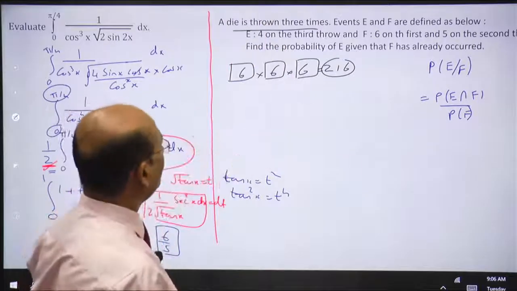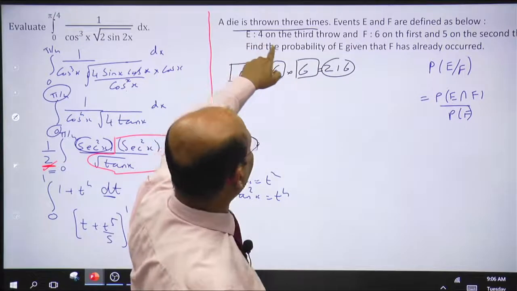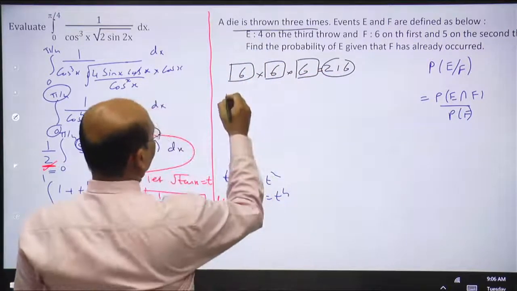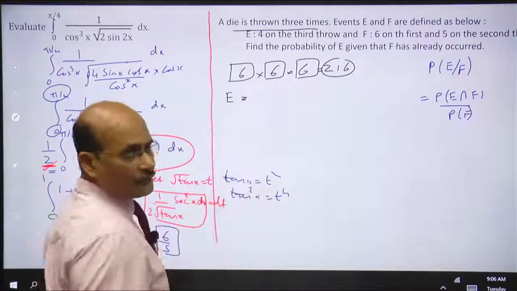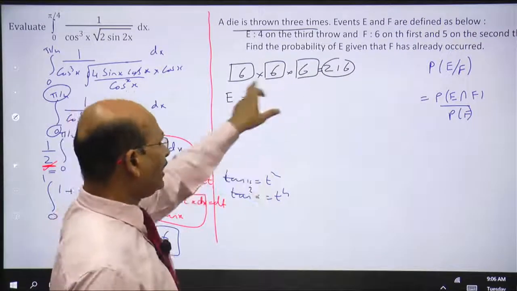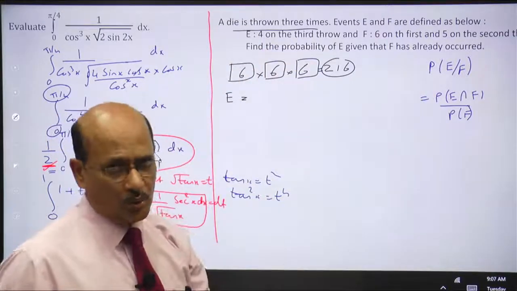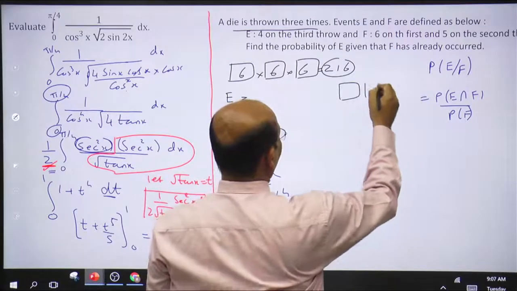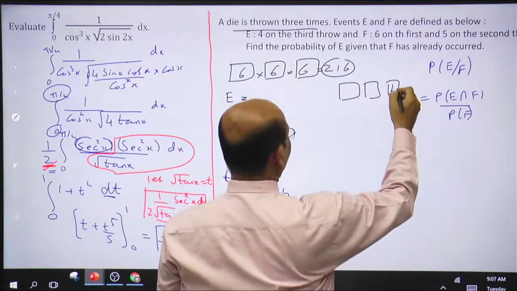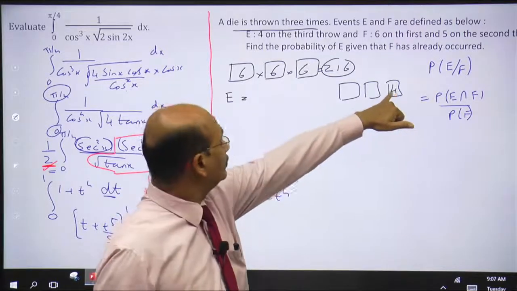So I am agreed for this particular experiment. Great. Now suppose they are telling us E is 4 on the third throw. So I am talking about the probability of E. Hold on. Total outcome is 216. 4 on the third throw.